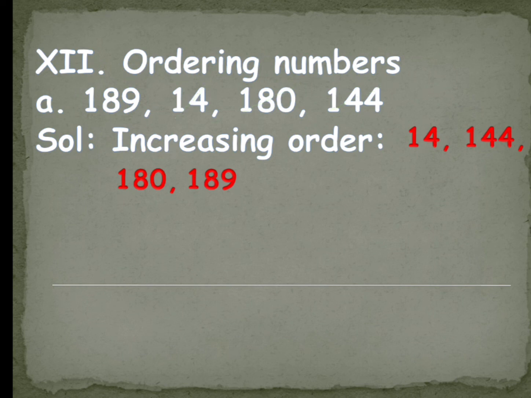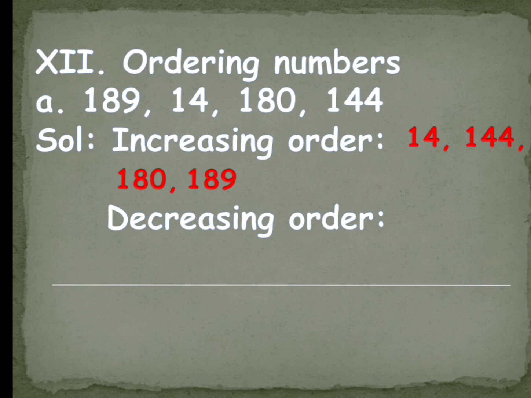Now you have to write the decreasing order. Decreasing order you write from bigger number to smaller number, isn't it? So what is the biggest number? 189, isn't it? So you write 189 and strike it off. Next, among 14, 180, 144, which is the bigger number? 180, isn't it?